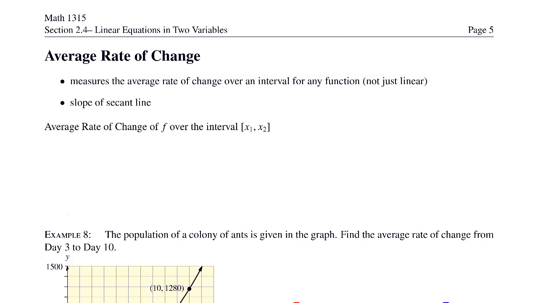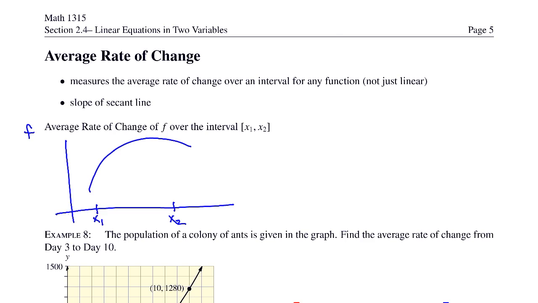I'm going to graph a function, and I'm going to mark the endpoints x1 and x2. And let's call this function f. We're going to find the points on this graph above x1 and x2, and then we're going to mark their y values.